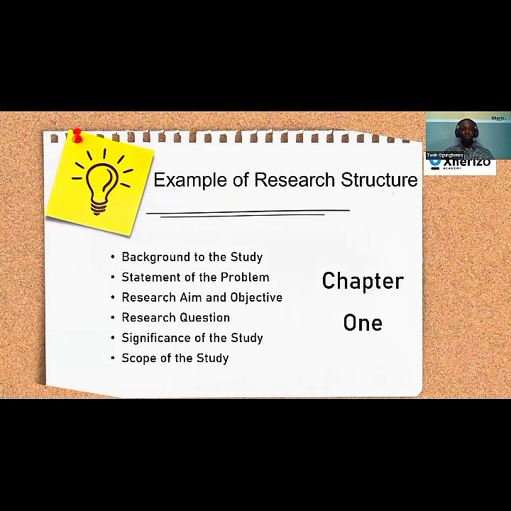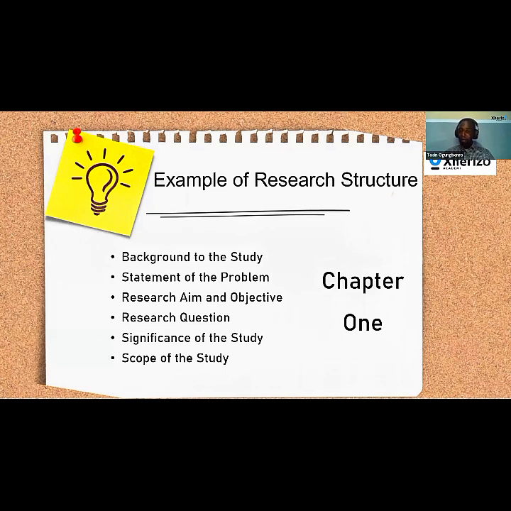An example of the structure of your Chapter 1 is background to the study, statement of the problem, research aim and objective, research question, significance of the study, and scope of the study. Depending on the school, this might change. Background to the study can also be called introduction. Statement of the problem is always there. Aim and objective is always there.